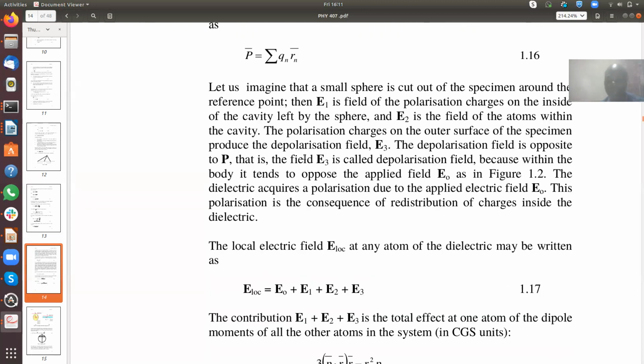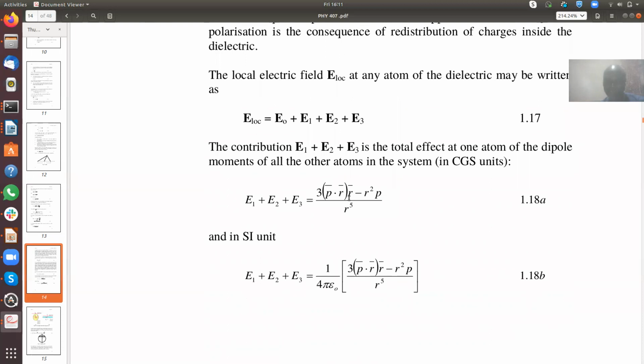So now we can also look at the local electric field at any atom of the dielectric, which may be written as this. So it is just the summation of all the fields involved in the system. The contribution E1 plus E2 plus E3 is the total effect at one atom of the dipole moment of all the other atoms in the system, which is equal to this.